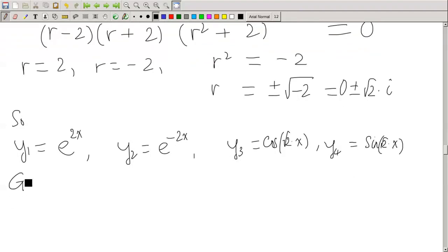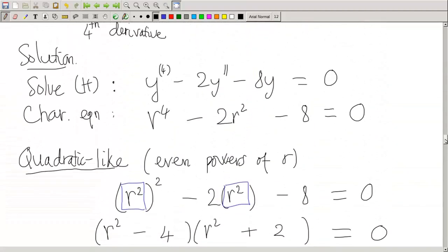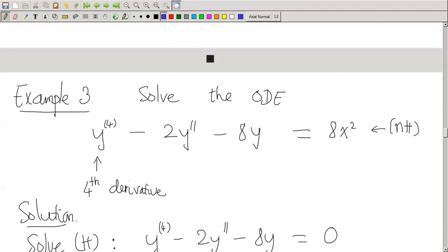Now we need to guess and find capital Y of x. Recall that in our equation, g of x is 8x squared. This is a polynomial beginning with the second power of x.